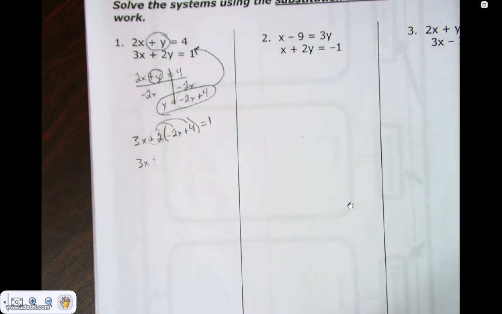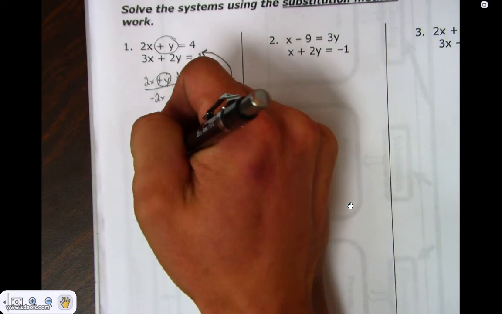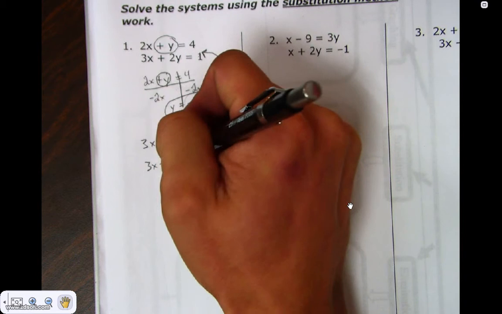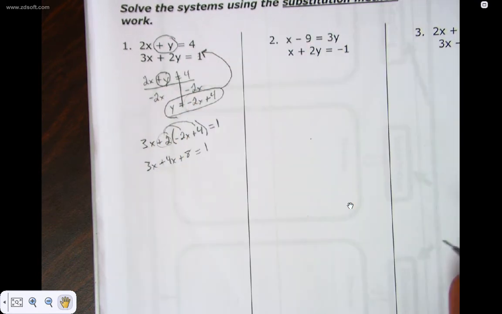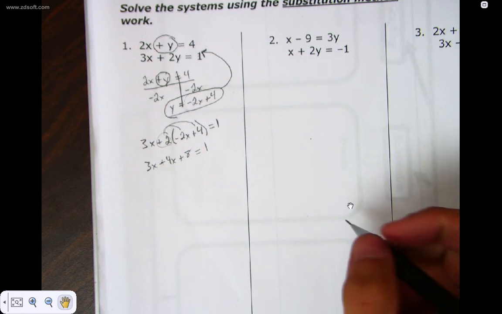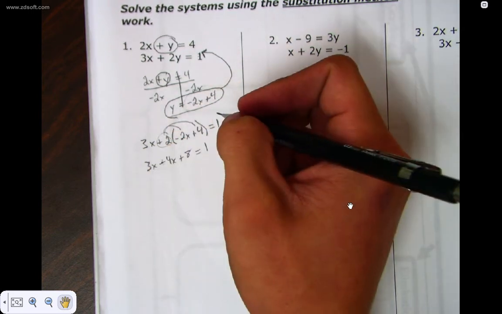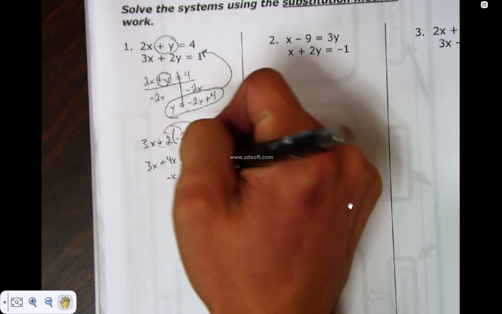So minus 4x, and then positive 2 times positive 4 plus 8 equals 1. Alright, so now I've got 3x minus 4x. Now we can combine like terms. That's going to be negative x plus 8 equals 1.